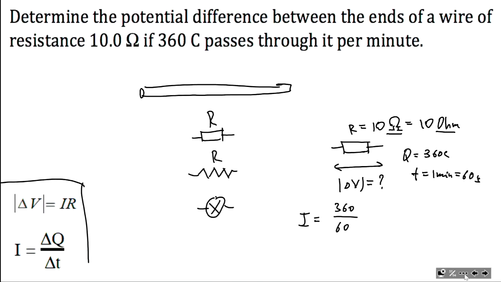Well, 6 amps. If we know electric current and if we know the resistance, we can just calculate the voltage, which is literally potential difference.